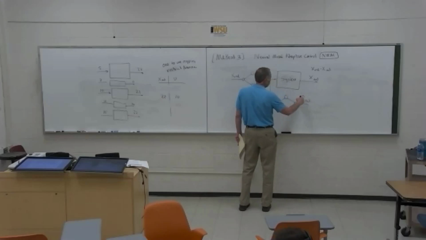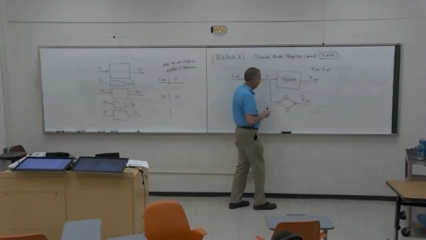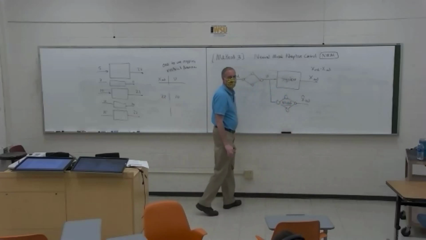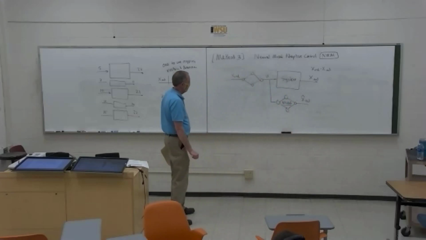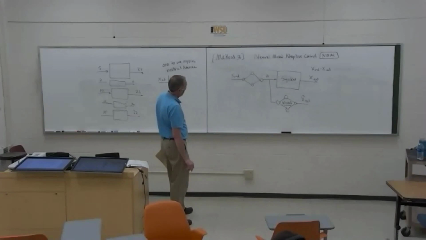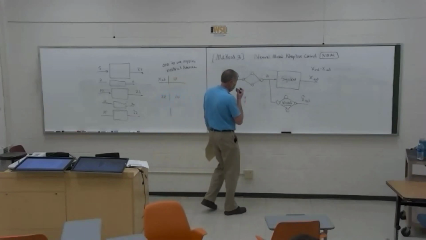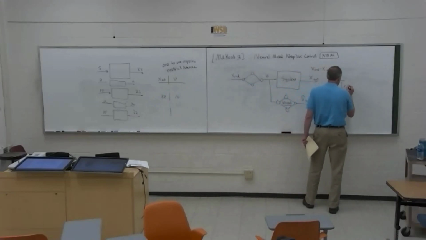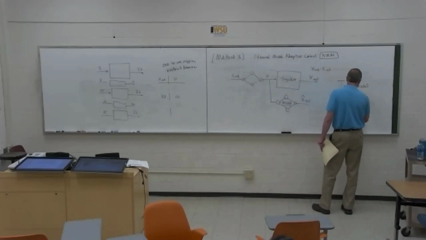I'm putting a hat on there because what the neural net puts out here may not exactly match that. So we add a model, and we train the model to match the system.